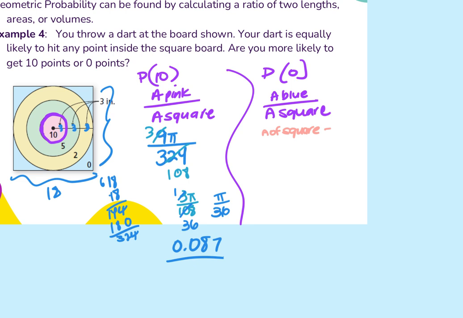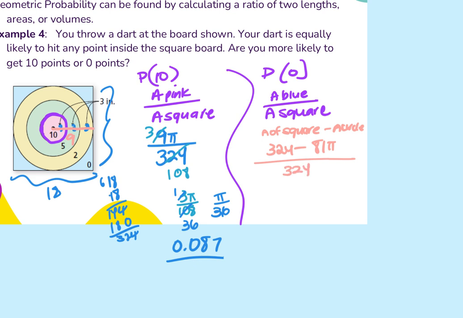The yellow, green, and pink circles, right? So it would be all the way across, which has a radius of 9. That area would be? Good. Circle. So the area of the square we just found was 324 minus the area of the circle, 81 pi. That's just the area of the blue part. So that's my numerator. And then we're going to put that over the area of the square, which is 324.